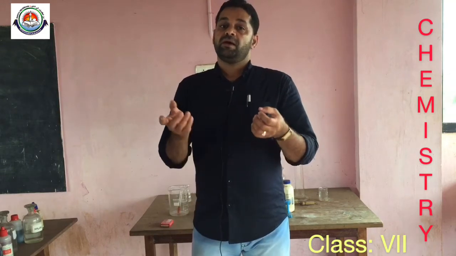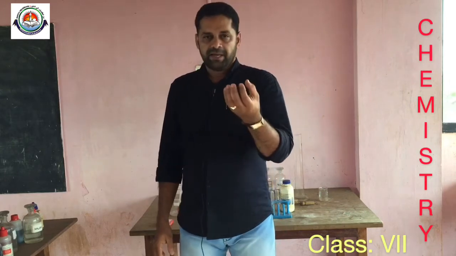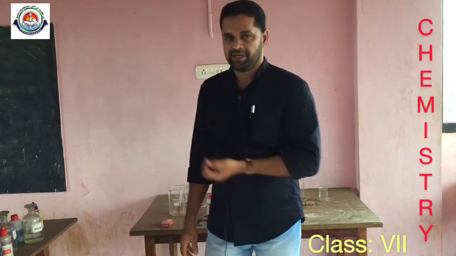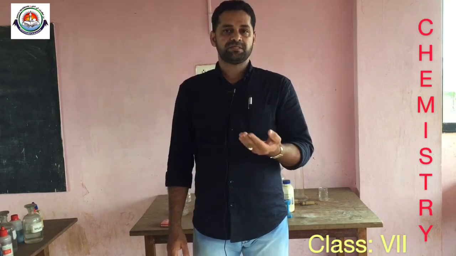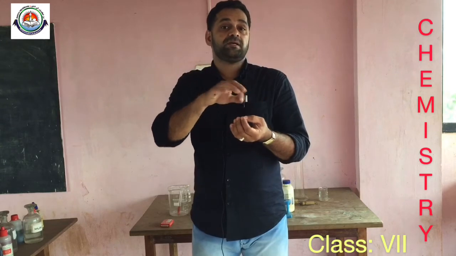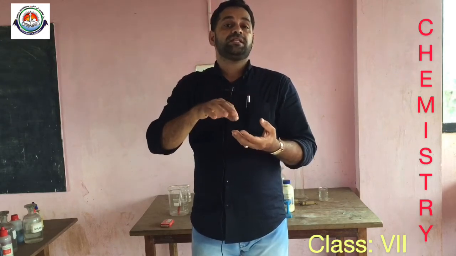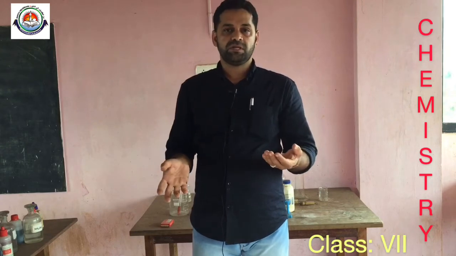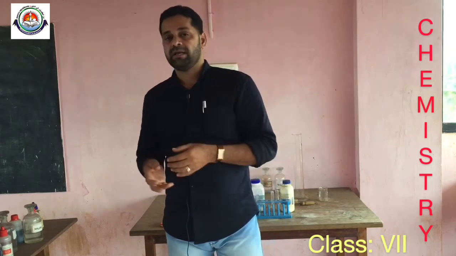That is why blue litmus turns to red. And when we take a base, for example ammonium hydroxide, and add blue litmus solution, no color change, but when we add red litmus solution, that changes to blue, isn't it? So that is the color change in acidic and basic medium.